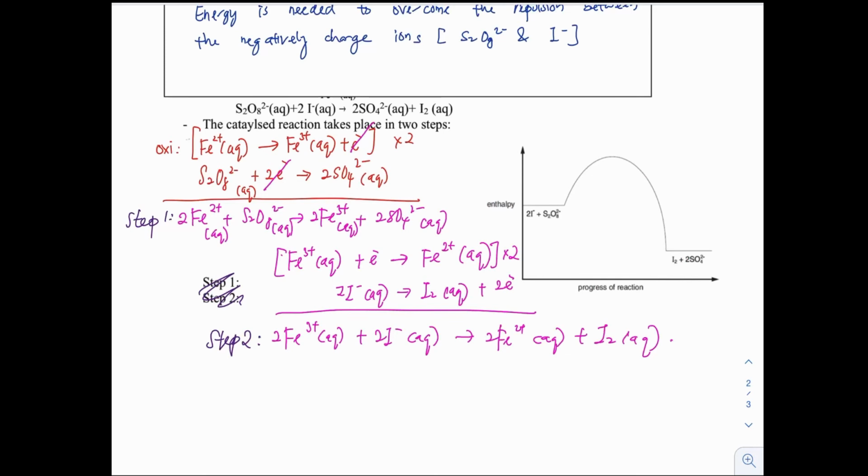But by using Fe2+ as a catalyst, we will break down these reactions into 2 steps with an intermediate like this. So this is my intermediate. So if I'm using Fe2+ as my catalyst, then the intermediate here will be Fe3+, and finally my Fe2+ will be formed over here.